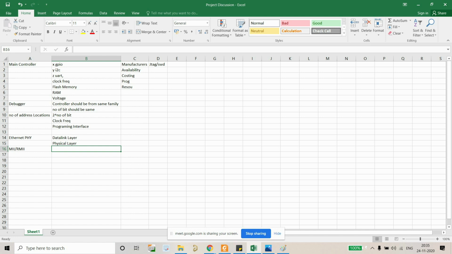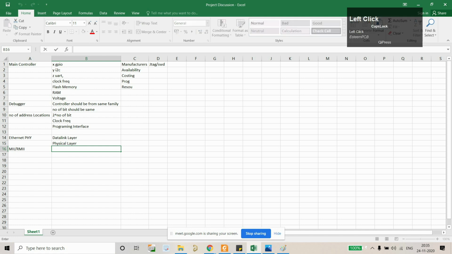That means there will be no dependency of media. And what is media? We may have heard this term before. Media are these twisted wire pairs or fiber optics, etc. So these are all the media.